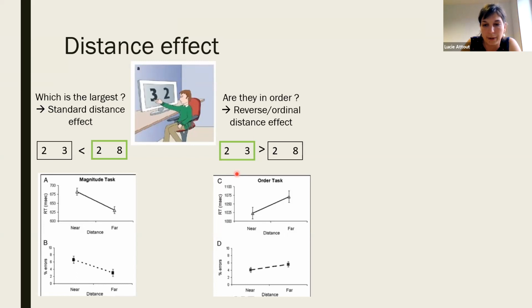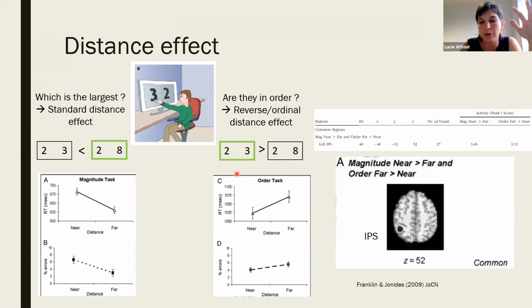This effect has been considered as the behavioral signature of ordinal processes and a consequence of how numerical order is represented in memory. Also, at the brain level, several studies have demonstrated a neural sensitivity to the distance effect at the IPS level, the intraparietal sulcus.